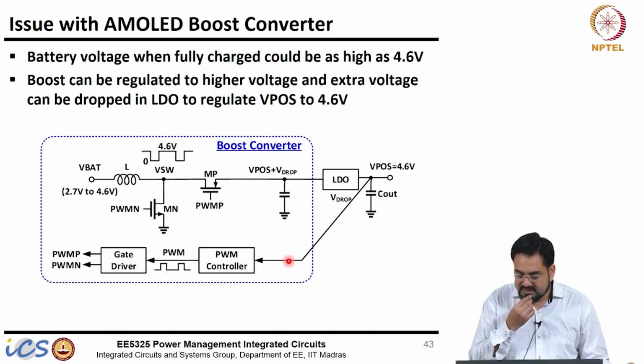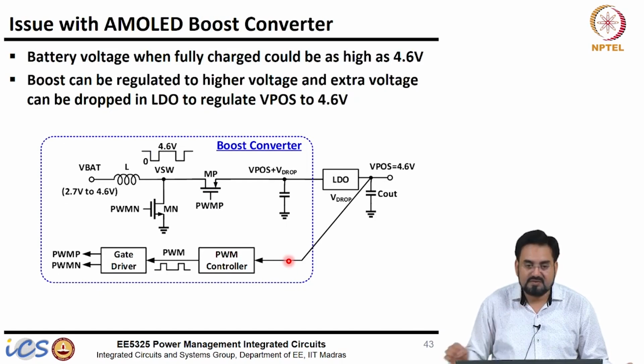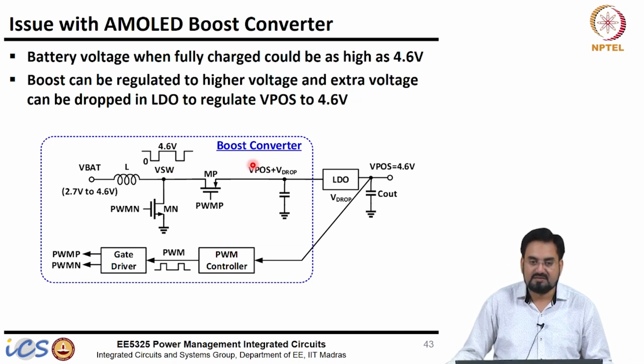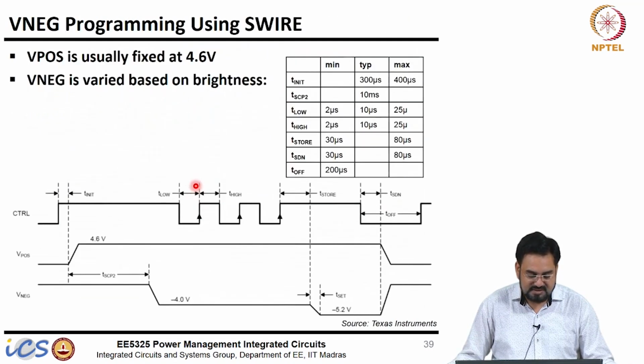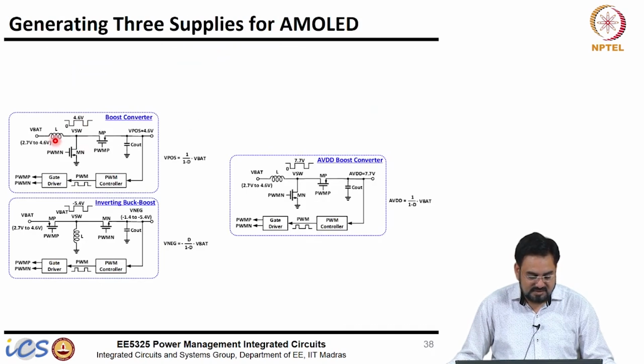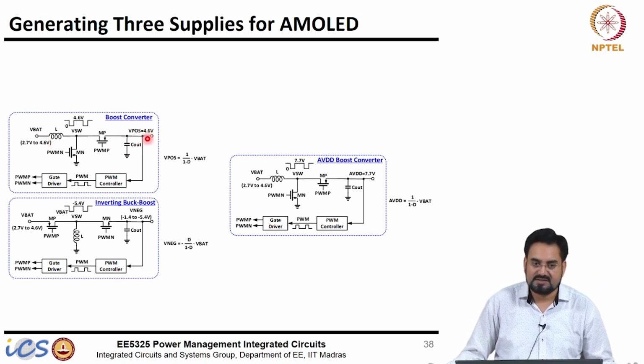There is an issue with this positive AMOLED boost converter, and we know it requires a fixed 4.6 volt. Your battery voltage, we know, goes from 2.7 to 4.6 volt. What would happen when the battery is very close to its maximum voltage, let us say fully charged, is that you can hardly regulate the output at 4.6 volt.